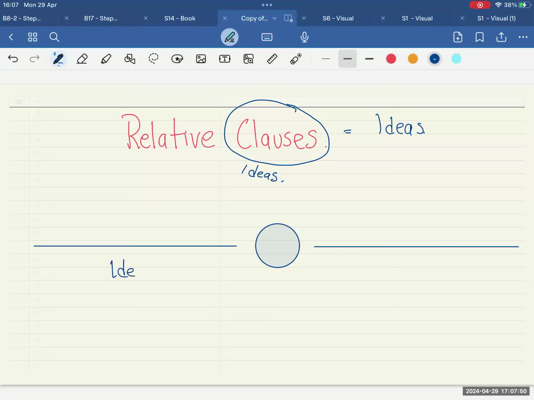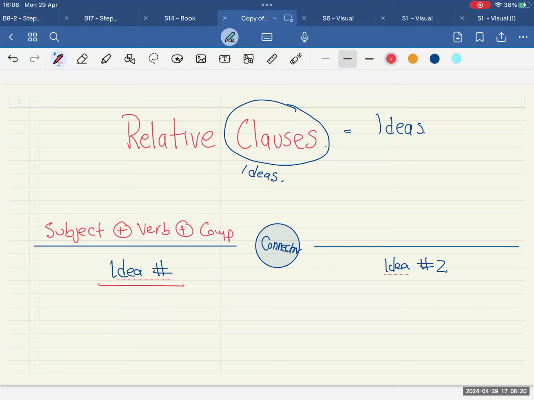We're going to have idea number one, a connector in here, and idea number two. In idea number one, we have the subject, the verb, and the complement. In idea number two, we have the same situation: the subject, the verb, and the complement, all right?